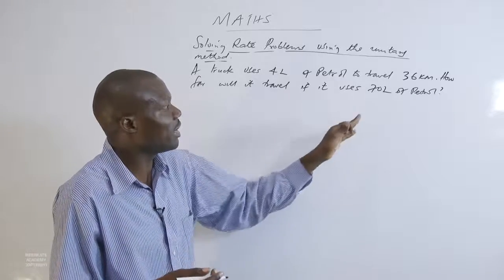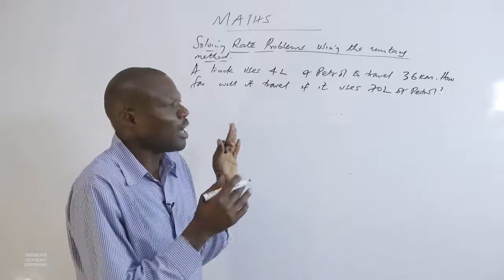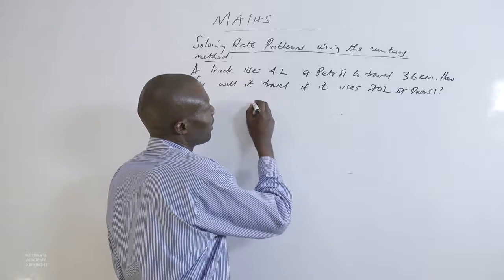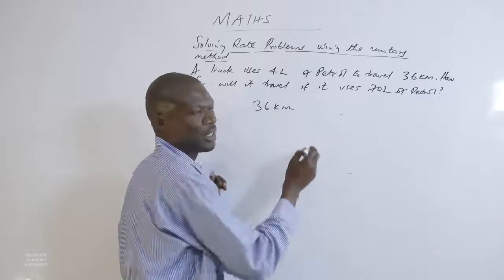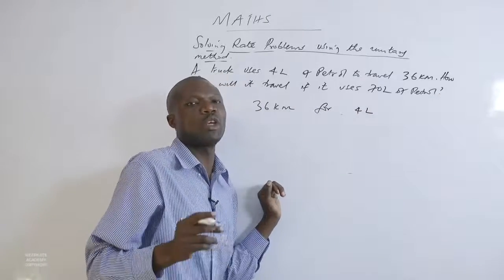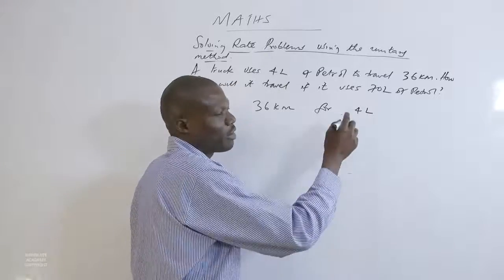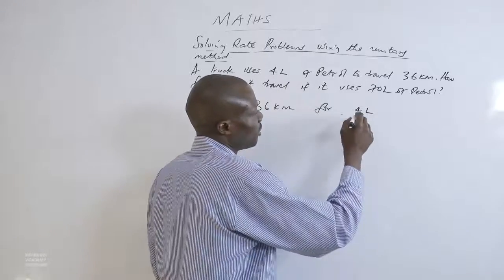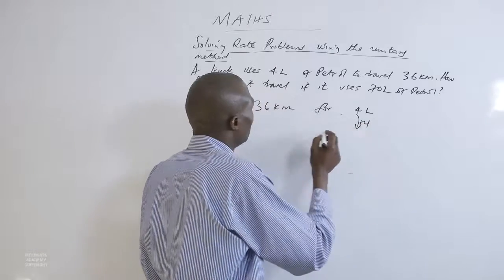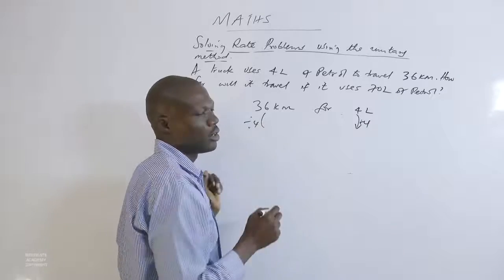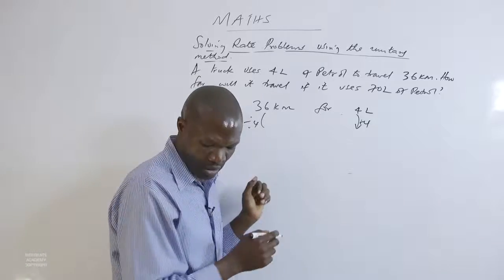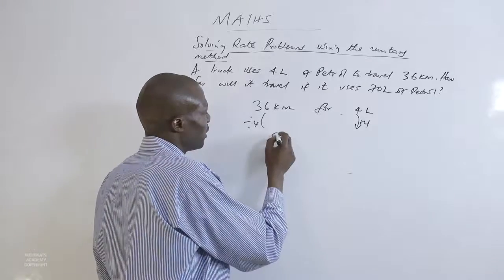So we are interested in the number of liters. It covers 36 kilometers for 4 liters. Because we want to give rate per unit, we want to find the kilometers per liter. So we shall divide this by 4 and divide this side also by 4, so that you get that it takes 9 kilometers per liter.